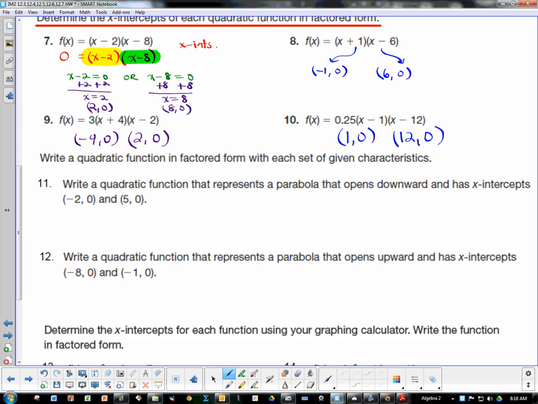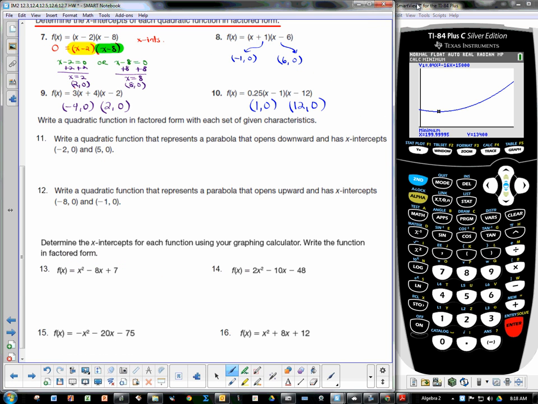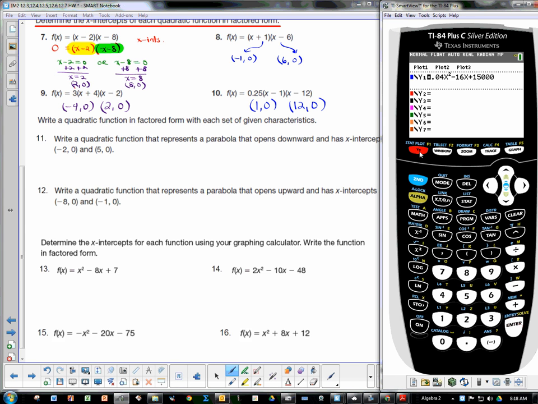And you're going to have a calculator with you. So all you have to do is plug this thing into the calculator and you immediately know what the x-intercepts are anyway. Watch. If I take this calculator out, y equals, we'll clear this out, I can enter it like this, 0.25 open parentheses, x minus 1, close parentheses, open them up again, and this is going to be x minus 12, close parentheses.